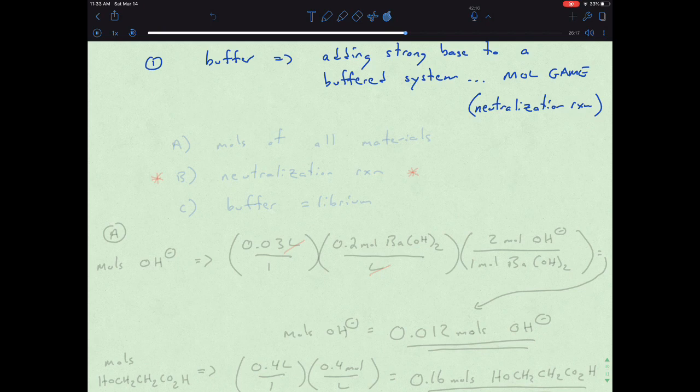So we have a neutralization reaction occurring, which is going to set up a new set of conditions, and then we're going to treat it like a buffer question. So first we have to figure out the moles of all materials.